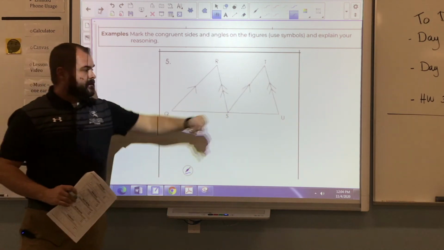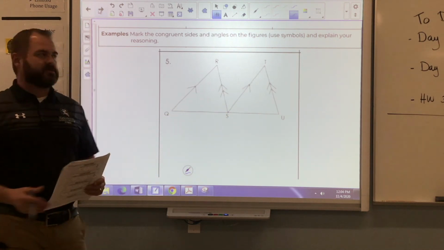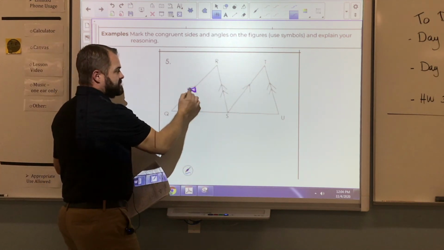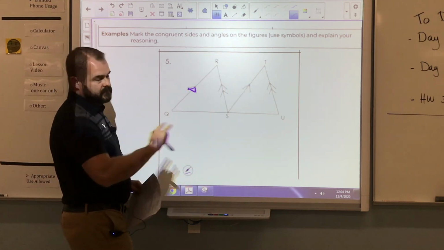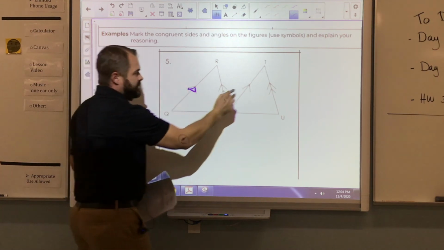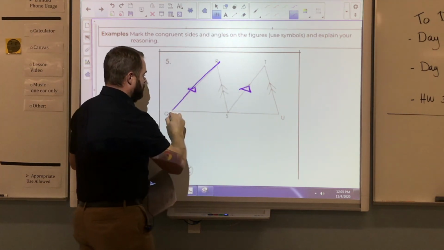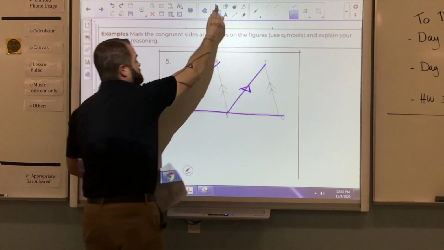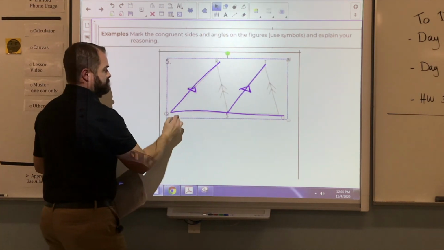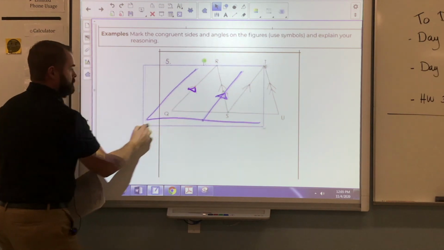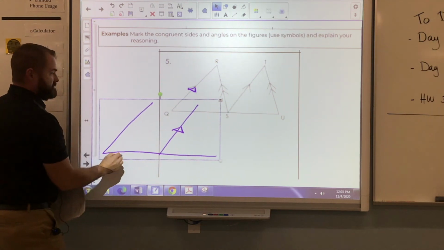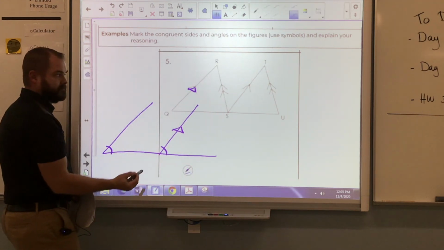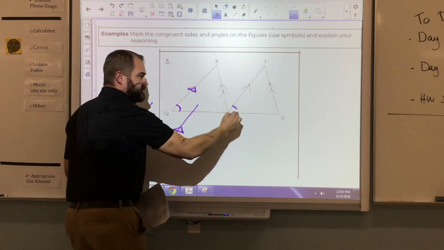Okay? Next one, I've got a lot more going on with this picture, but again, you'll see two triangles here, and I've got congruent sides, I'm sorry, not congruent there. Parallel sides here and here. Okay? So since I have those parallel sides, I have this idea that I have congruent corresponding angles. So again, that was angle Q, and this other angle at S here.